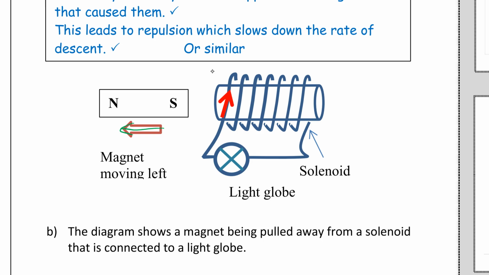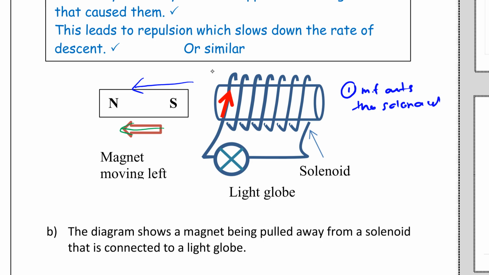As the magnet is moved away from the solenoid, what will happen? The amount of magnetic flux that cuts the coil decreases. Point number one, the magnetic field that cuts the solenoid decreases.